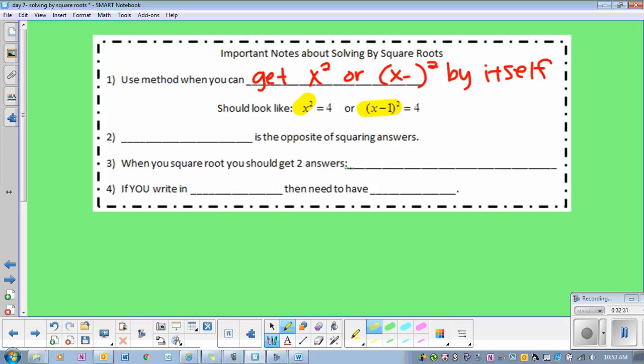No, x minus a number. All right? Here's the thing. It should look like this. X squared equals, or parentheses x minus or plus a number squared equals. It should not look like this. Ax squared plus bx plus c equals 0. If you have a trinomial like that with the bx term, you can't use this method. Okay?